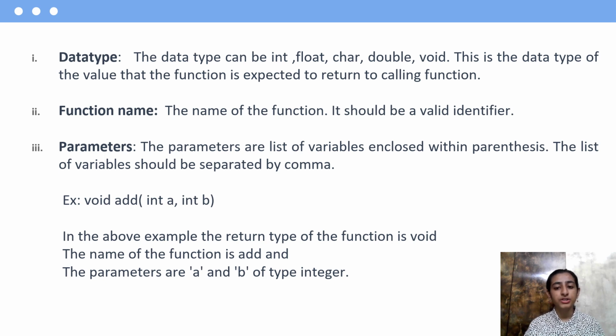The name of the function should be a valid identifier. Parameters. The parameters are a list of variables enclosed within parentheses. The list of variables should be separated by commas. For example, void add(int a, int b). Here, in the above example, the return type of the function is void, the name of the function is add, and the parameters are a and b of type integer.